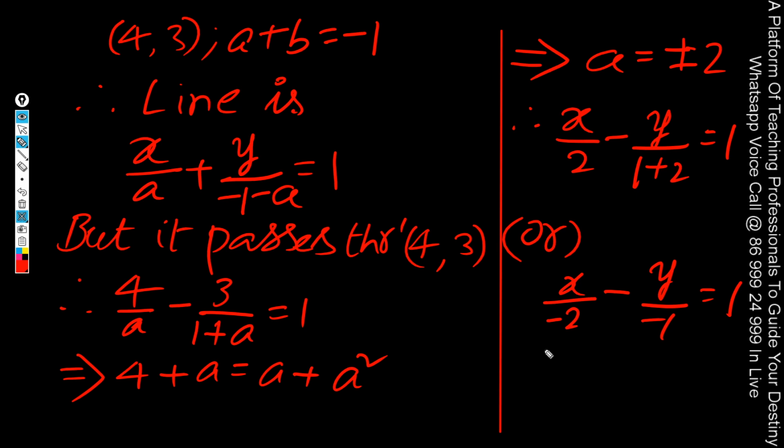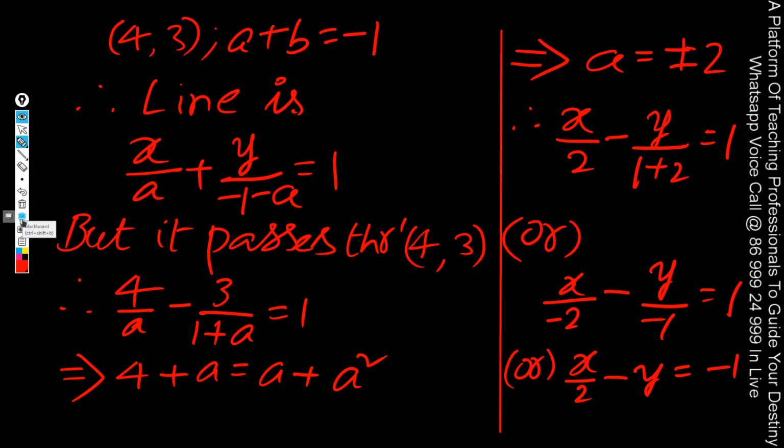So, or it can also be written as x by 2 multiplying with minus y is equal to minus 1, minus 2 plus 1. These are answers. X by 2 minus y by 3 is equal to 1, or x by 2 minus y is equal to minus 1. This is the method, please. This is the method.